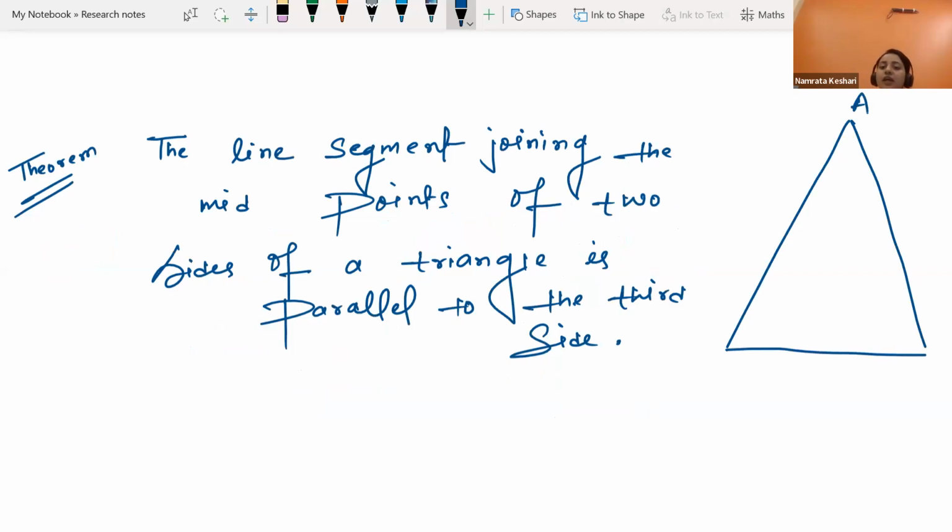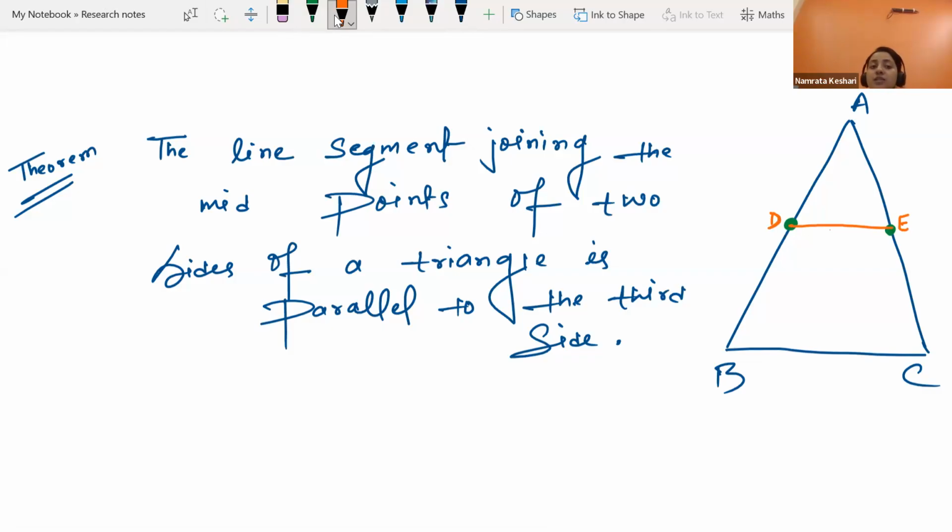If we are having a triangle ABC, suppose side AB has its midpoint D, and side AC also has a midpoint, let's say E. We know that D is the midpoint of AB and E is the midpoint of AC. Then if we join DE, this DE will be parallel to the third side.